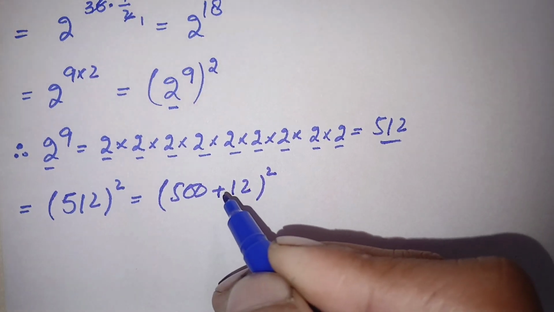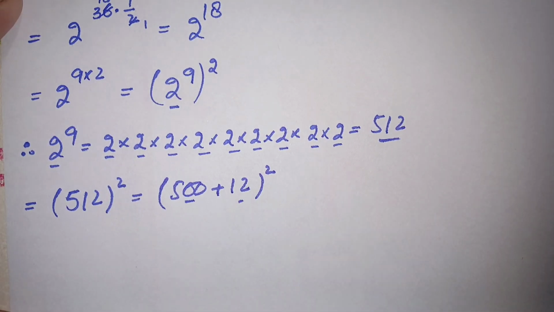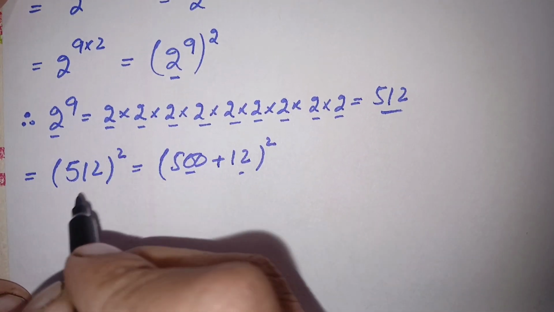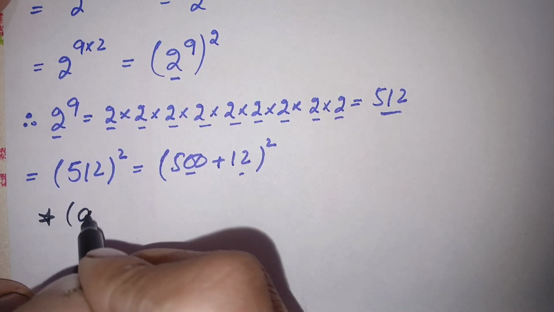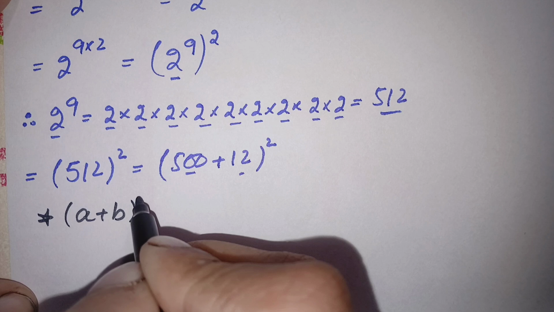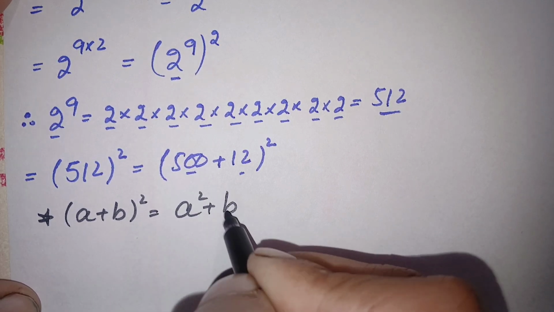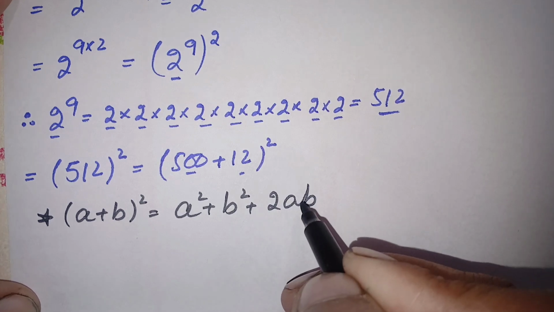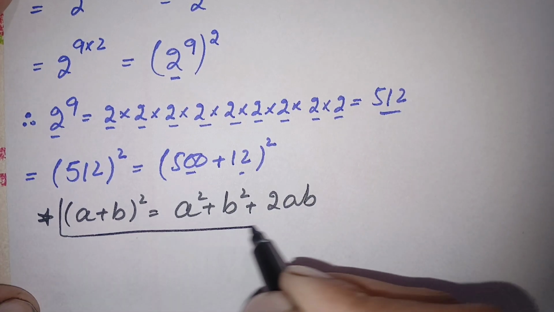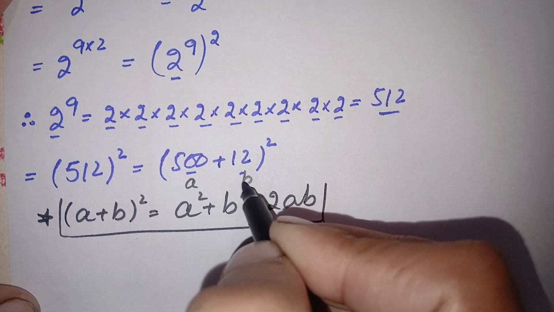Now here we will use an algebraic identity, a plus b whole square identity. We can write a plus b whole square as a square plus b square plus 2 times ab. Now using this algebraic identity here, a is 500 and b is 12.